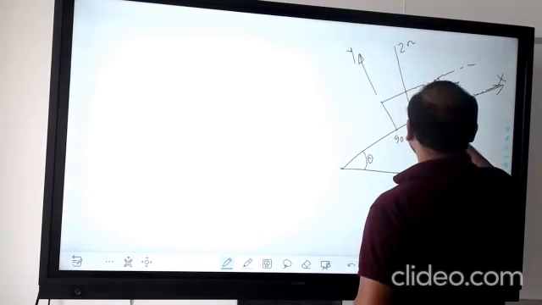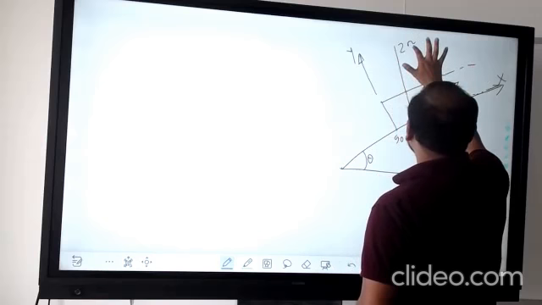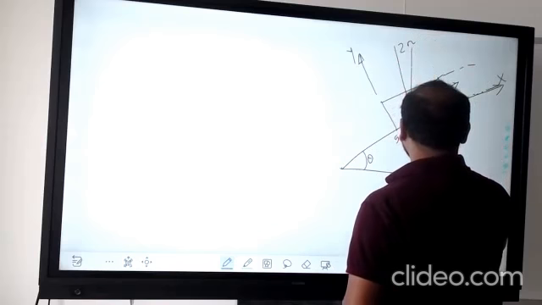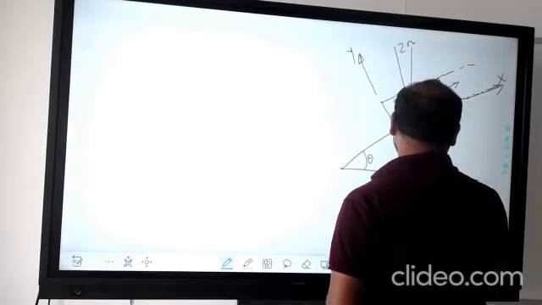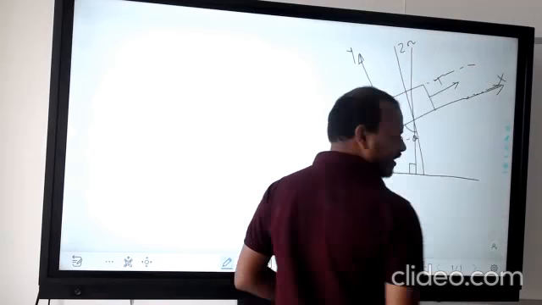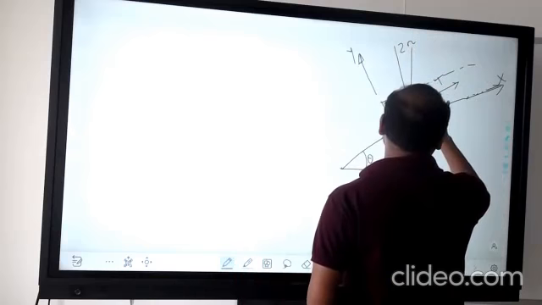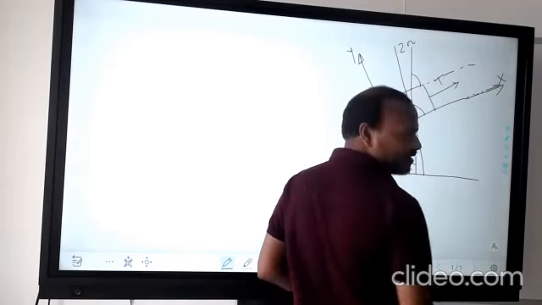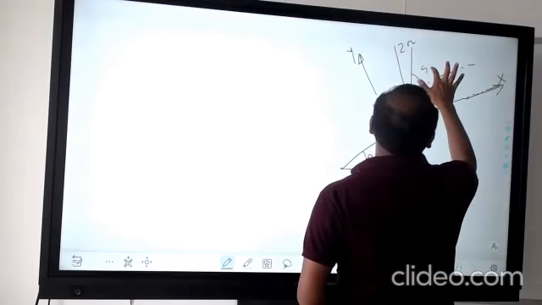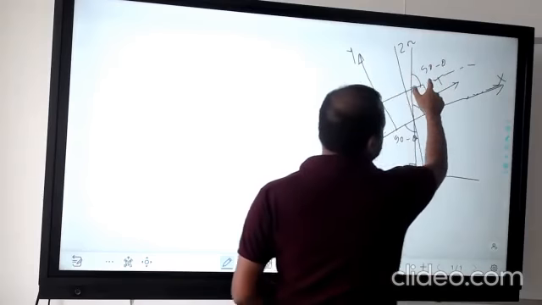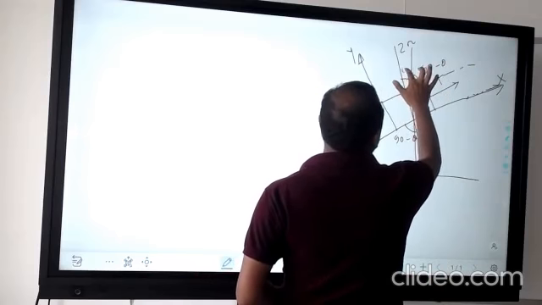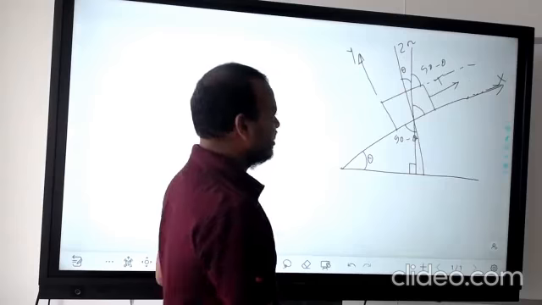Okay. This is your axis. This angle is actually 90 degrees. So this is your 90 degrees minus theta. Again, this is 90 degrees minus theta. Same angle, this is 90 degrees minus theta. So if it is 90 degrees minus theta, then that will be theta. That is perpendicular, no?